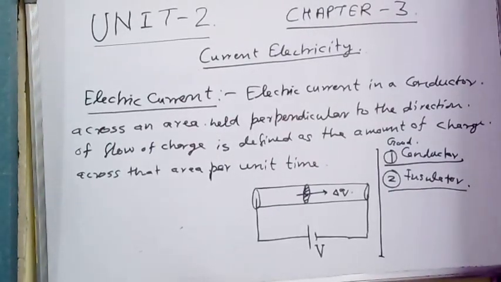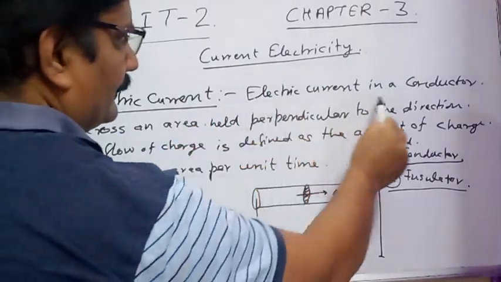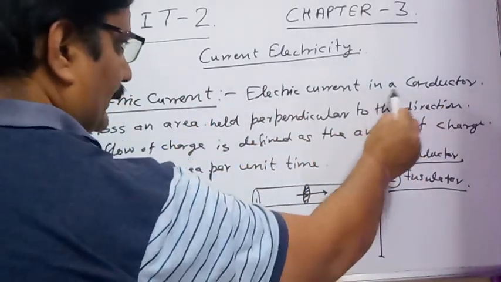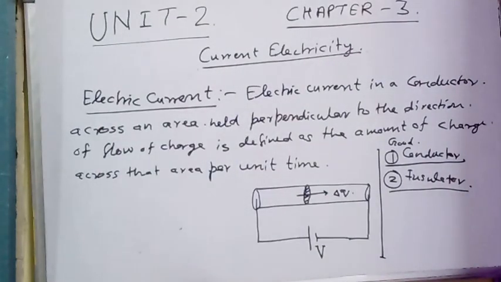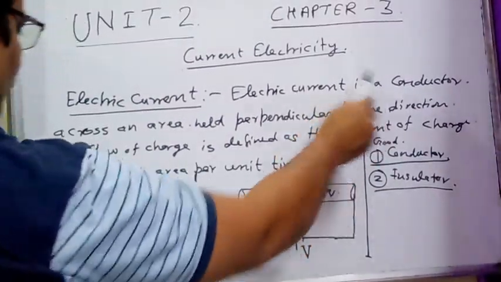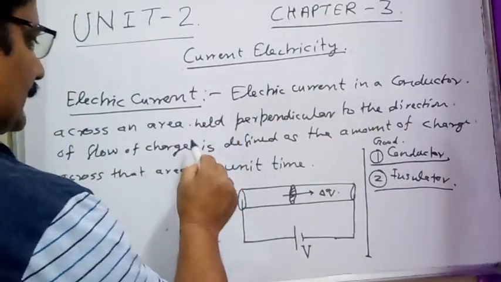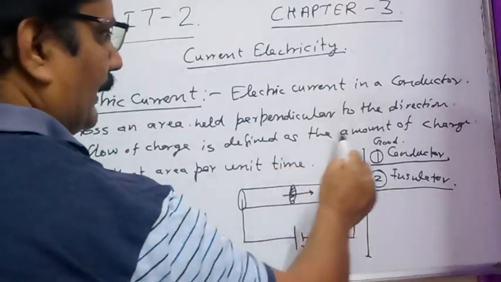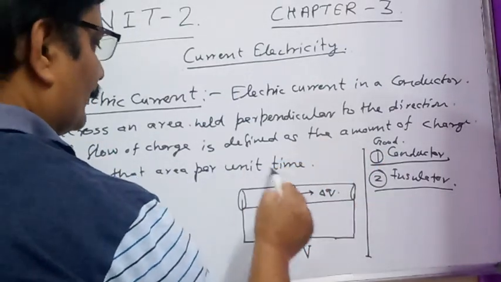Students, how is electric current defined? Electric current in a conductor across an area held perpendicular to the direction of the flow of charge is defined as the amount of charge across that area per unit time.